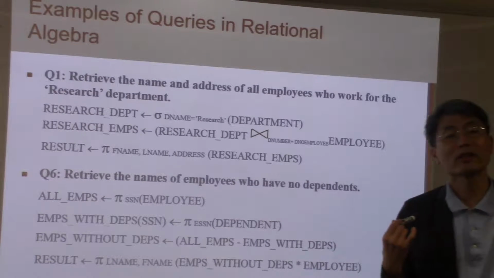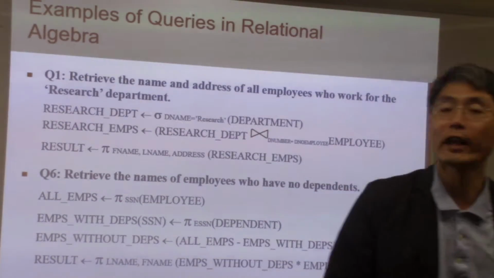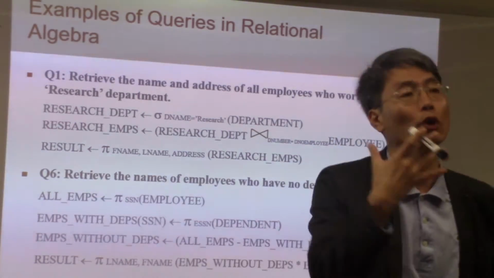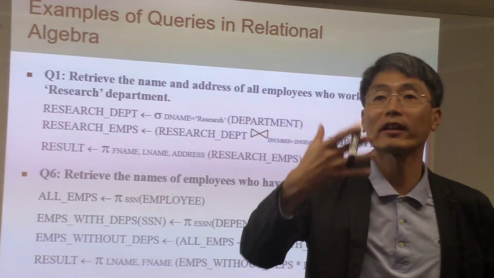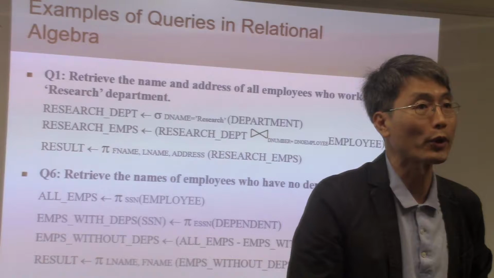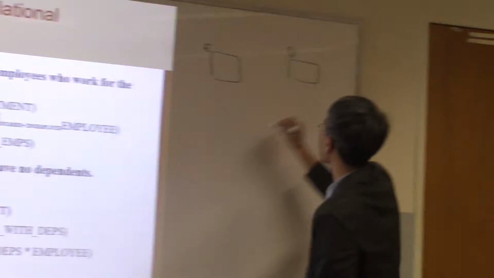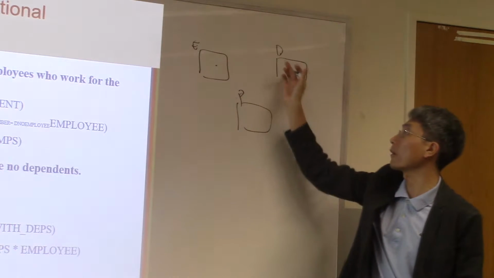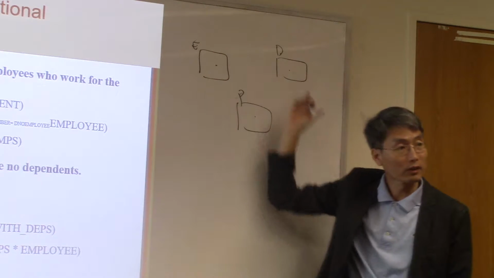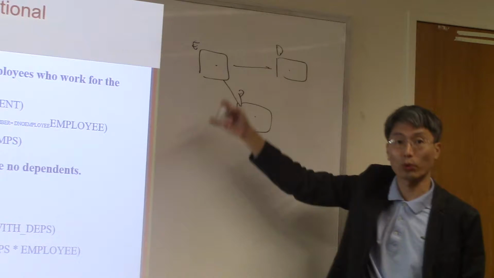Basically, when you access n relations, for example in this case 2, you should have n minus 1 join operations. Because this is an employee and this is a department, and sometimes this is a project. To access data from 3 sources, 3 tables, 3 relations, you need to connect them using join operations.